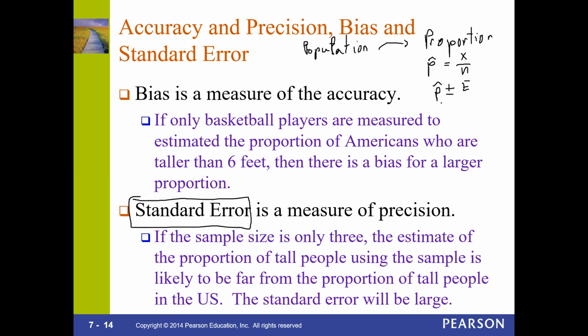Okay, closer to the p. There will be some error, either plus or minus, if it's a proportion. If it's the mean, we're going to do the same thing for the mean. So what we have for population mean, this is for a sample right here.